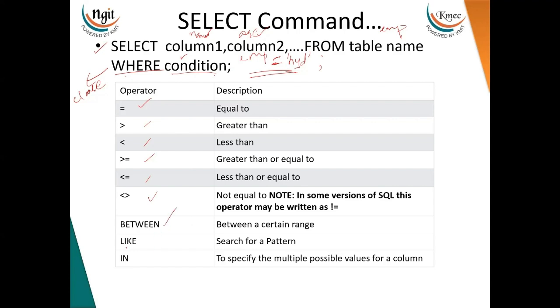We may use between. Between is used when you want to retrieve the records for specific columns that lie within some range. When this particular range is satisfied, then the values for the column names are retrieved. Coming to the like operator, like is also an operator.